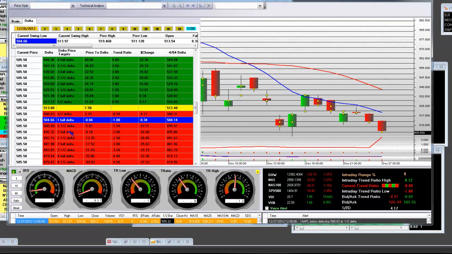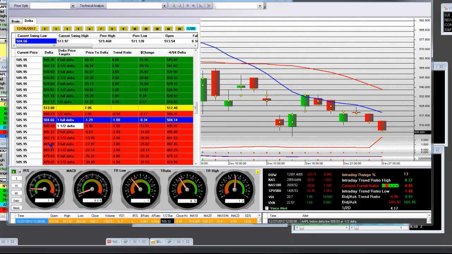That's going to be down here. Negative 1.5 delta, which is $5 away, is going to be the next support level, will be 500.49. 2 deltas down, a major support level in our system will be 496.32, and 2.5 deltas down would be 492.